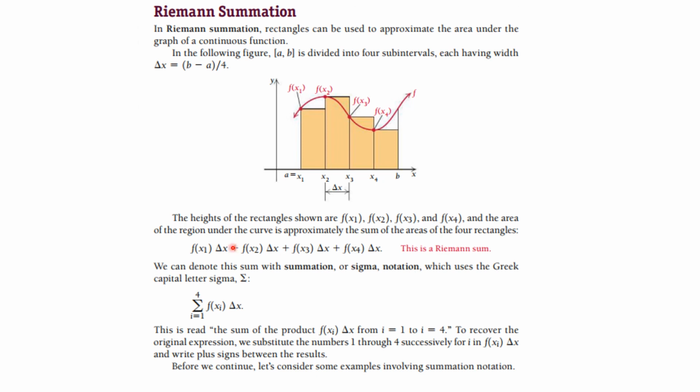And 4, you get this. So you see, this is what this area is. And the way we read this is the sum of the product f of xi times delta x from i equals 1 to i equals 4. And so we can substitute those numbers in and actually do a calculation. Let's do some examples of this.